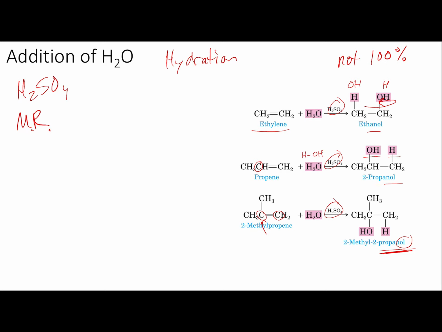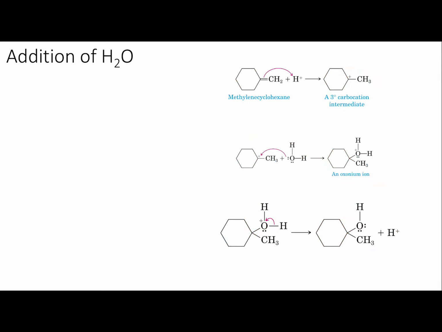Some cases, 99% to 1%. But in some cases, it's actually more like 70% to 30%. And while I don't know the exact numbers for this reaction, and they would be different depending on the reagents, this is the major product. The major product is going to have the OH on this more substituted carbon. It does happen where they end up on the least substituted carbon, but we're not going to do that for this class.